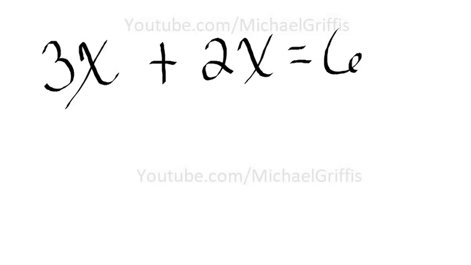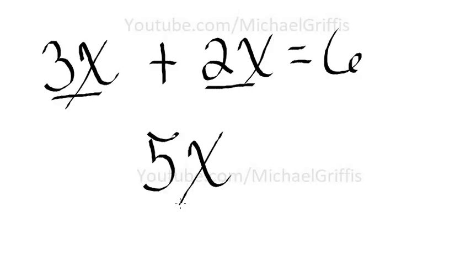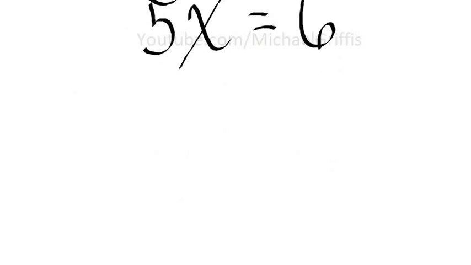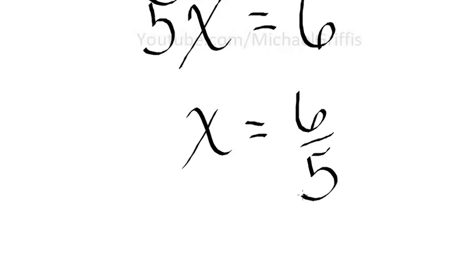Now we're left with our like terms, add them together. So we get 5X is equal to 6, which gives us X is equal to 6 over 5.